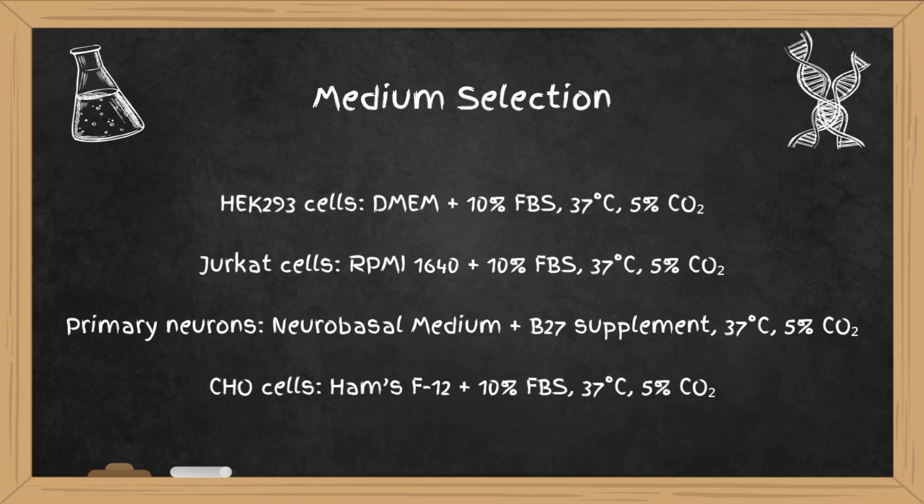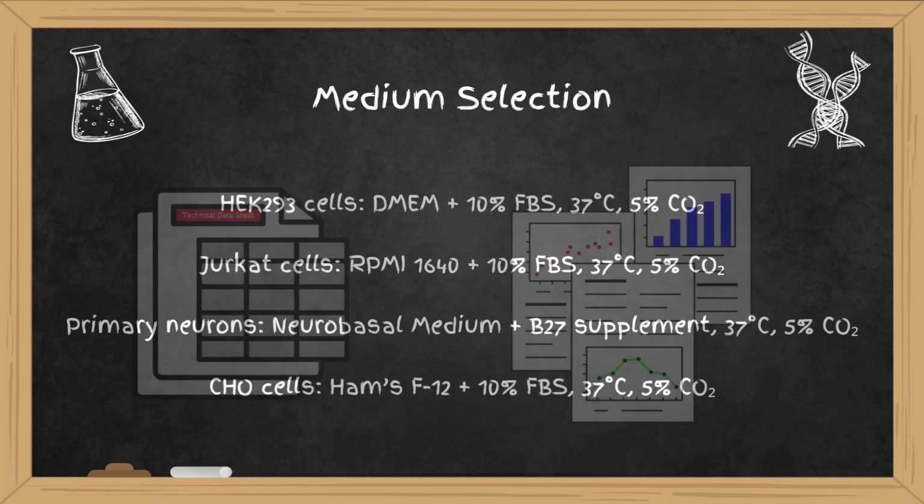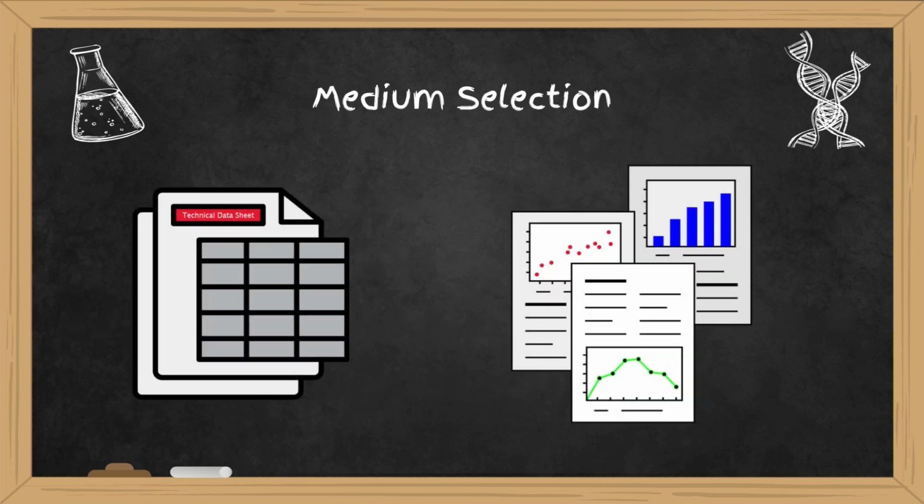It is important to note that culture conditions may vary depending on the specific sublines of each cell line and experimental protocols. Therefore, it is recommended to consult the data sheets from cell suppliers or relevant scientific publications to obtain precise information about culture conditions suited to your experimental needs.